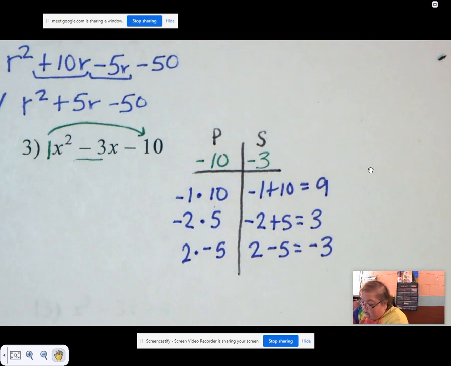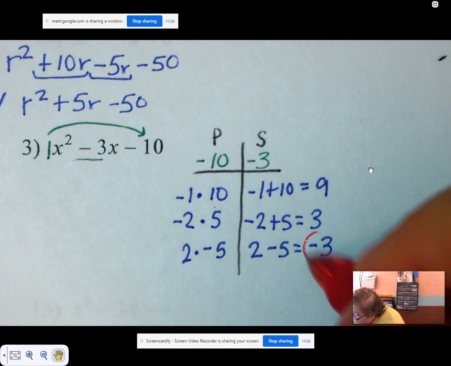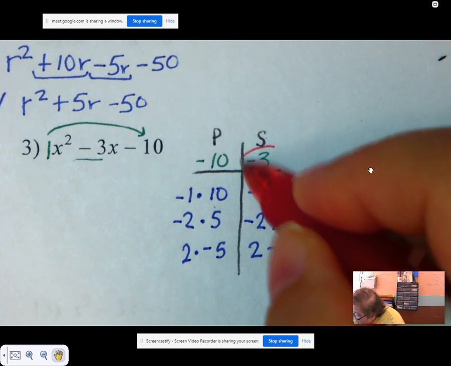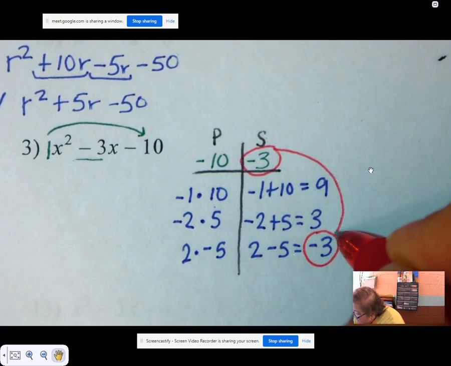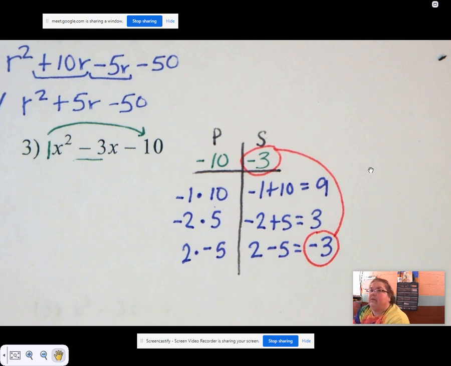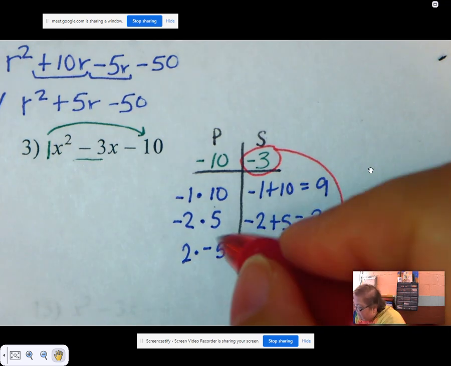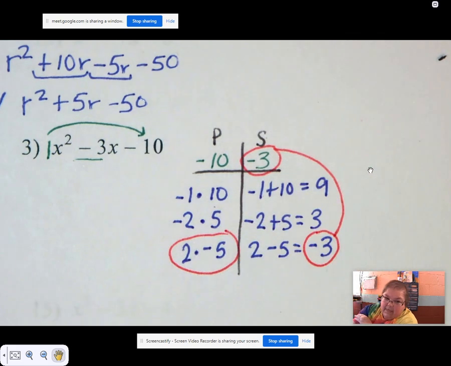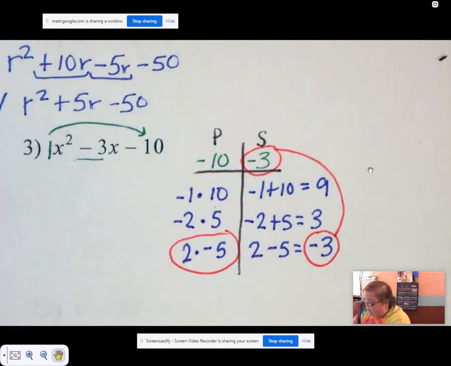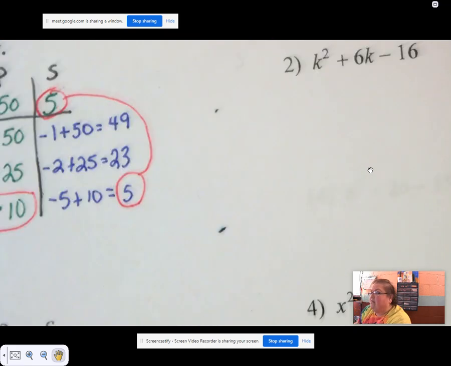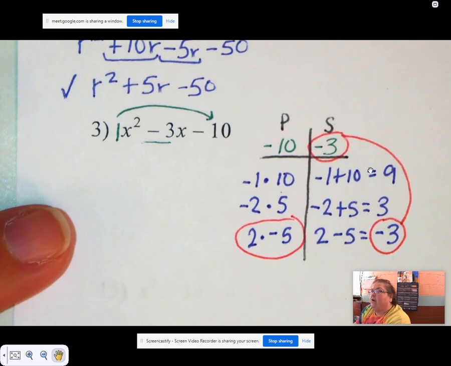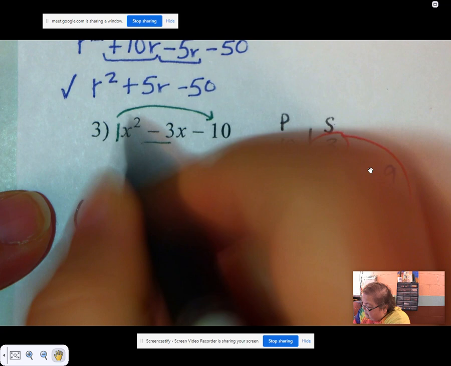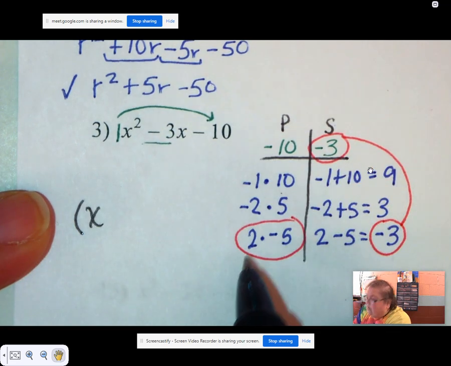Okay? So what I know is I got the right number. So I stop. That's how I know when to stop, is when my sums match up. Okay? And these are my factors. So my answer is, what variable are we working with? X. What kind of 2?